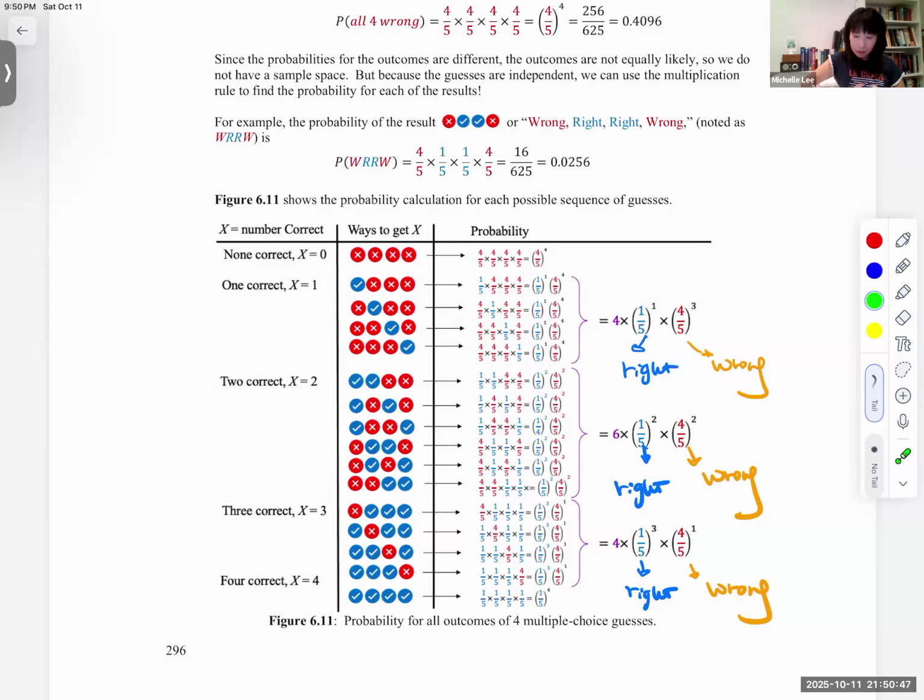Okay. Now, how many are there? 1, 2, 3, 4. So 4 over there. Okay, none of them correct, x equal to 0, because right is success, right? Okay, wrong, wrong, wrong, wrong. So 4 out of 5 is 4 power over 4, right?